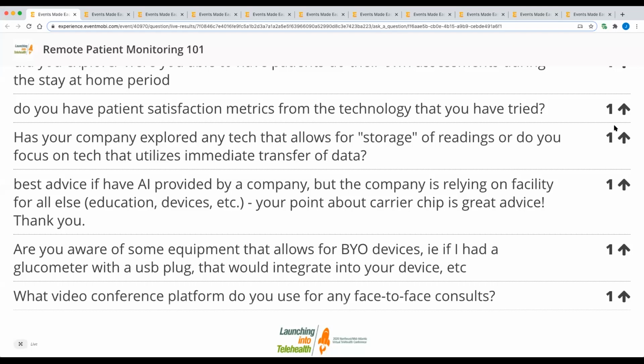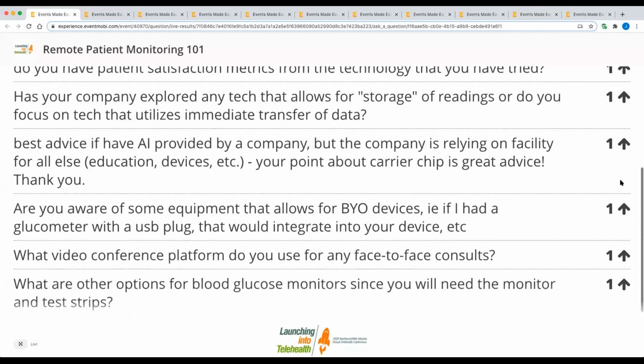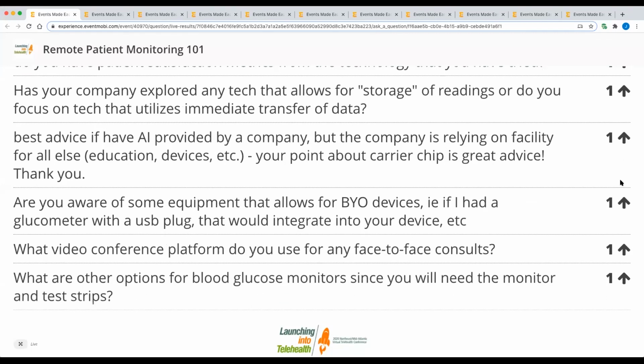So it is a Zoom platform, but it is behind 3 levels of security. And it's super easy because the patient doesn't have to, Zoom's super easy. All you have to do is click a button and you're on. But you really want to be careful. Right now, CMS is letting you do it on Skype in any way you want to, but that's going to go away. The HIPAA security is definitely going to come back.